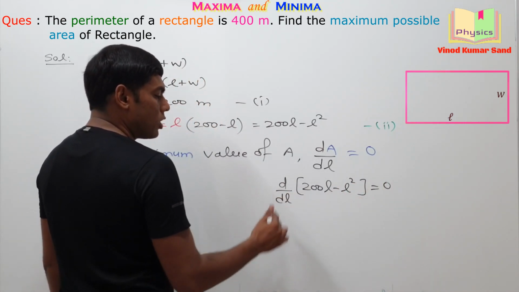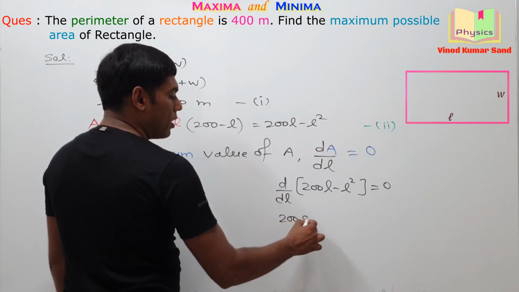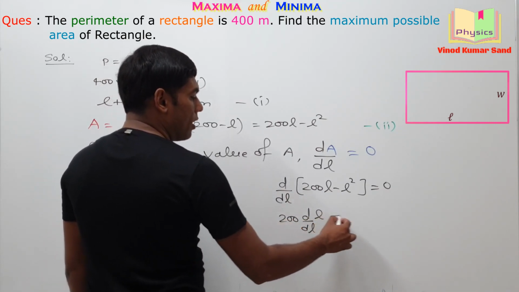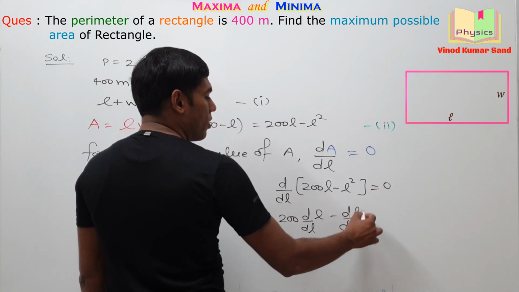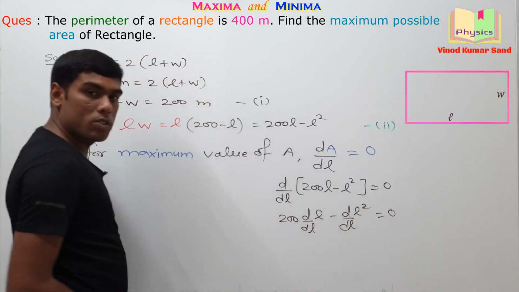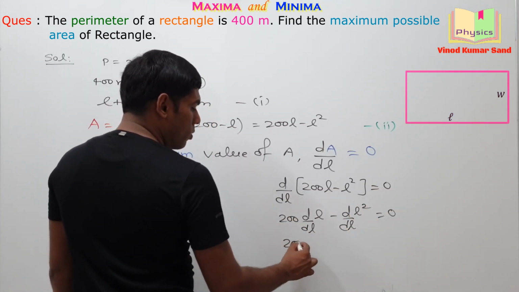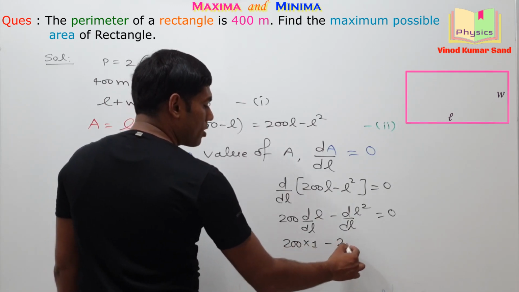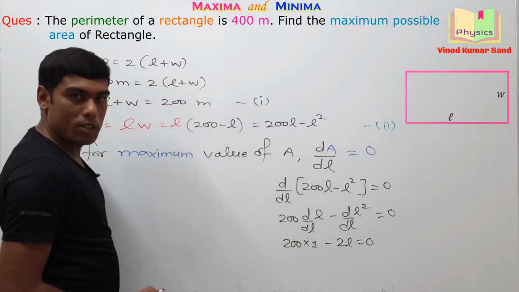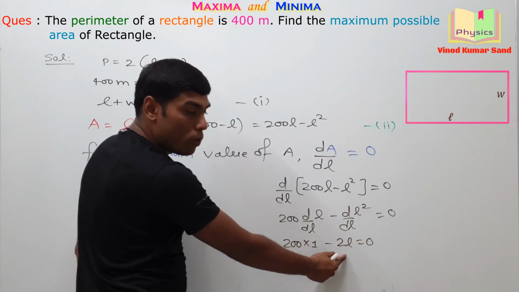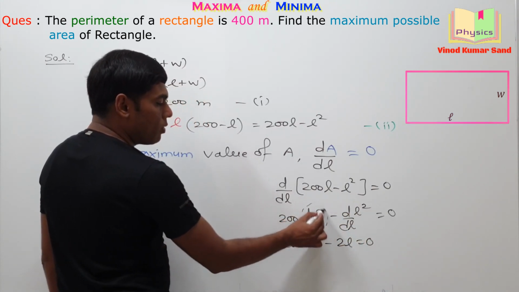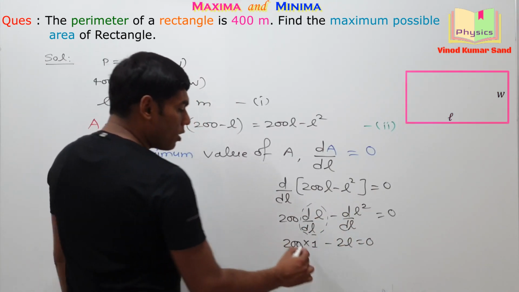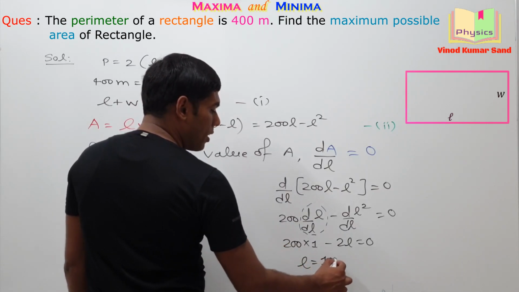We know how to differentiate such things. 200 d by dL of L minus d by dL of L square is equal to 0. This is 200 into 1 minus 2L is equal to 0. Differentiation of L square will become 2L and this differentiation everyone knows is equal to 1. So from here L comes out to be 100 meter.